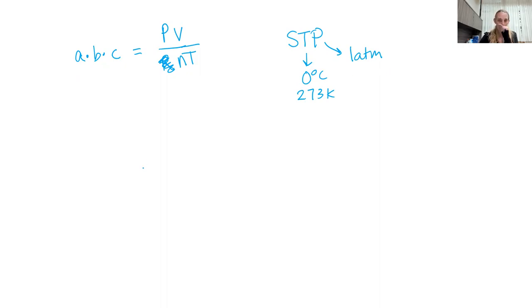Now, if we think about gases in general, 1 mole of gas equals approximately 22.4 liters of gas. That's about the size a mole takes up.